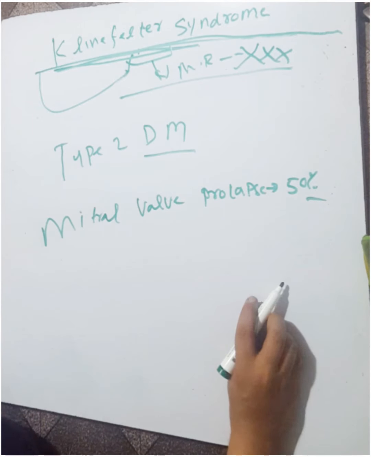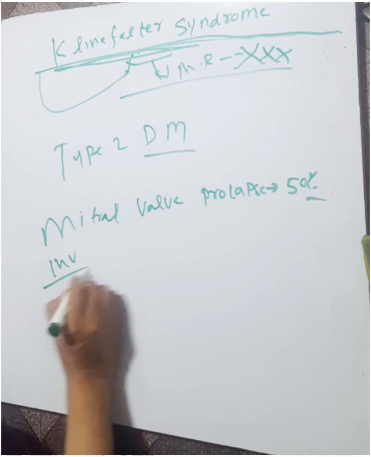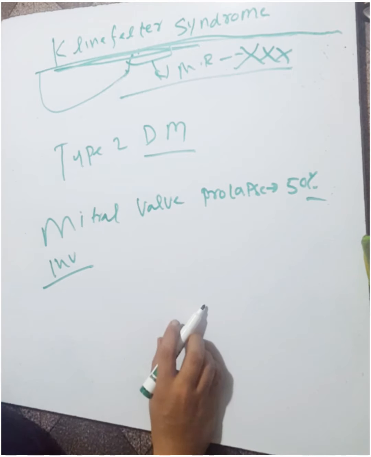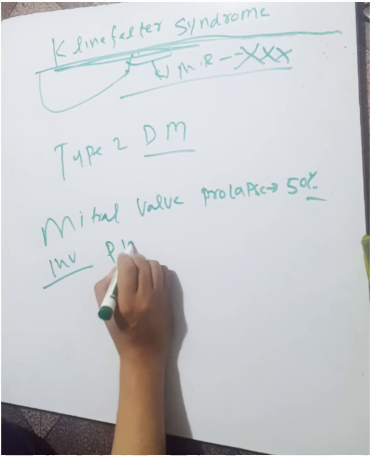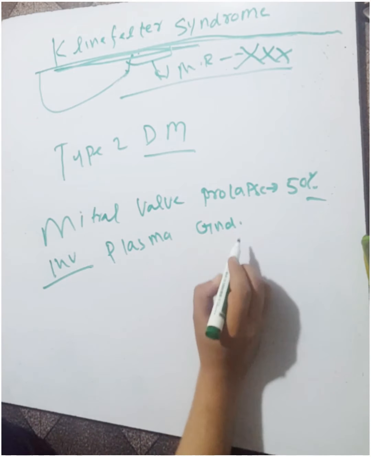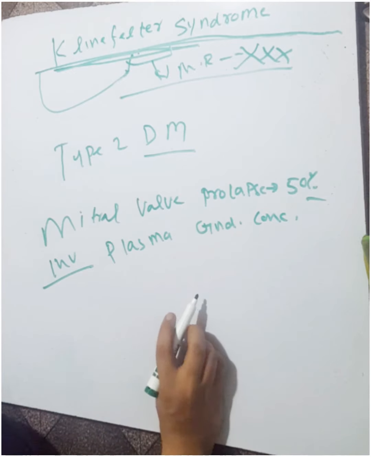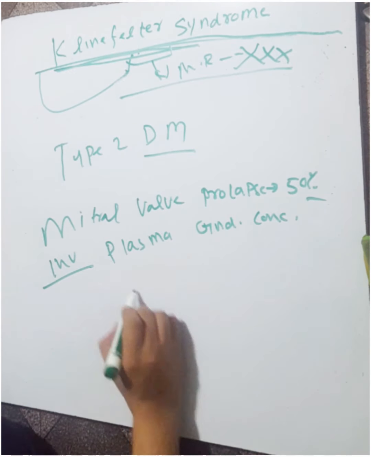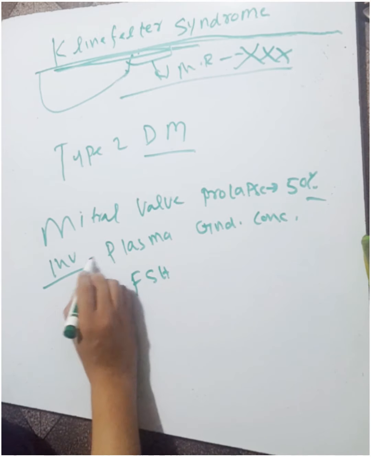So, how will we investigate? We investigate the plasma gonadotropin concentration, and we also investigate follicle stimulating hormone, that is FSH.